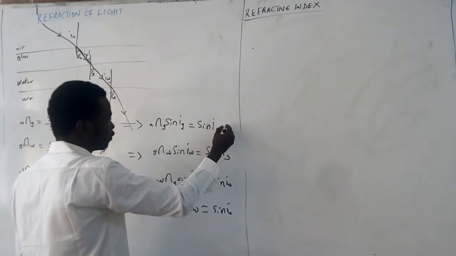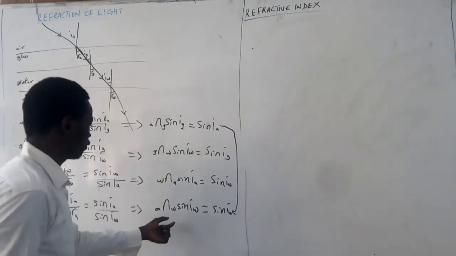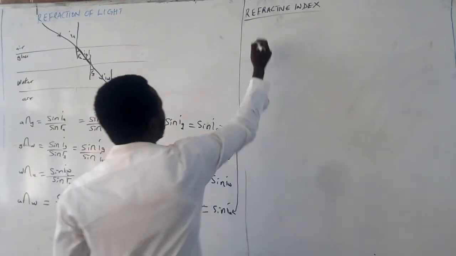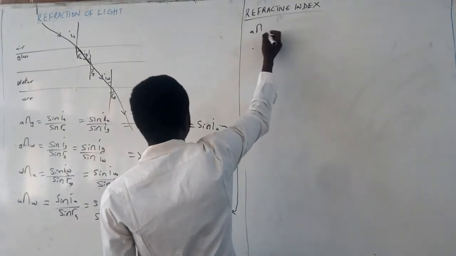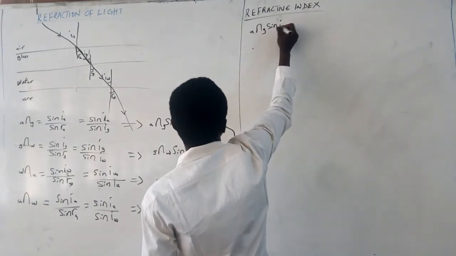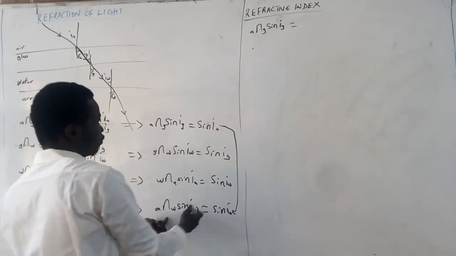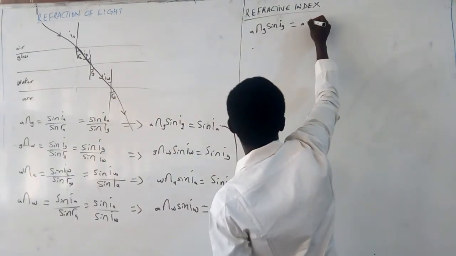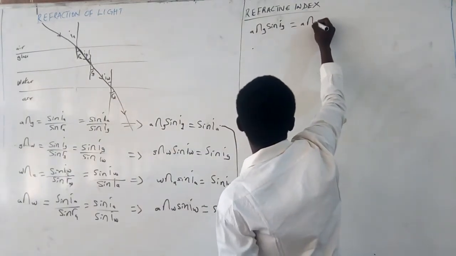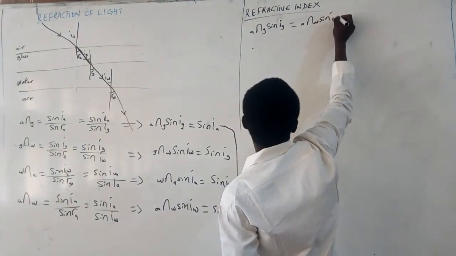Since we have this, look at this, this is equal to this. So I can say the refractive index from air to glass, sine of incidence of glass is equal to, in place of this, I'll replace it with the refractive index from air to water, sine of incidence of water.